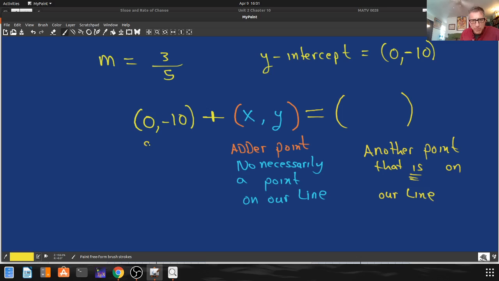So this is the given point. And the given point for you guys is always going to be the y-intercept, but it doesn't have to be. It could be any point, but for you all it will be the y-intercept. So the given point plus the adder point is equal to another point that you don't know about that is on our line. And this is what we want. I want 2 points on the line. So how am I going to find the x and y at my adder point? Well, that's going to be really simple.